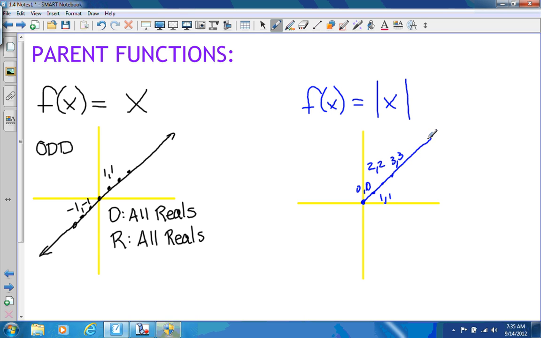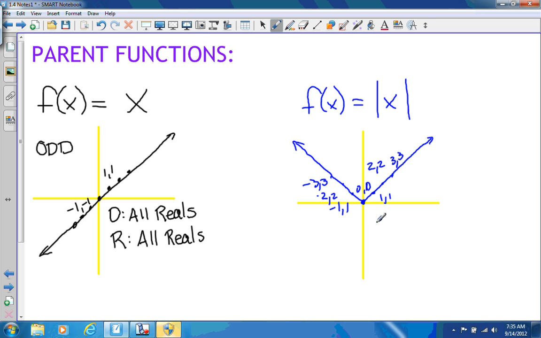So it does that, very similar to the linear function. It also has negative 1, 1, negative 2, 2, negative 3, 3, and so on and so forth. And so it looks like that.